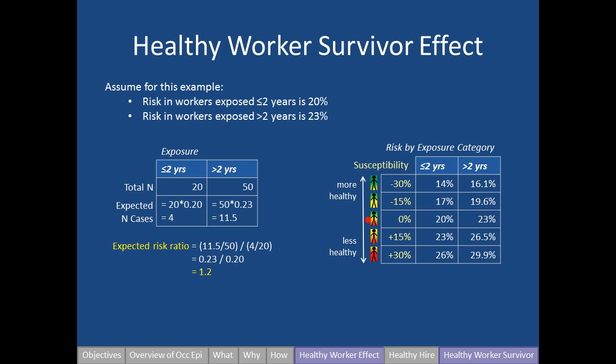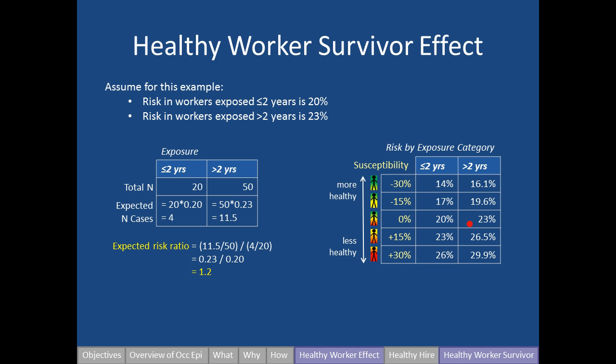So on average, we still have the 20% and the 23% for your low and high exposure groups. But if you were more healthy, you actually had 30% less risk, so you have 14% instead of 20. And if you're in the less healthy group, the red group, you actually have 30% more chance. So instead of 20%, you have 26%. These are the numbers to just fill in.